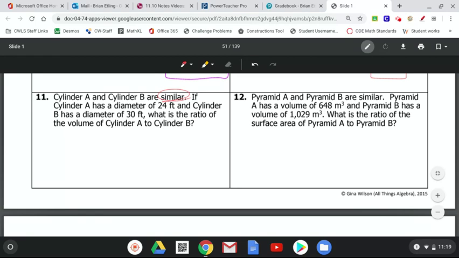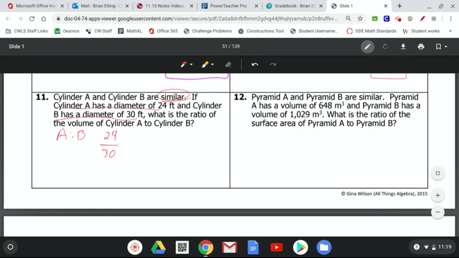So we're going from cylinder A to cylinder B, so 24 over 30. They're both diameters, so they're both corresponding parts.